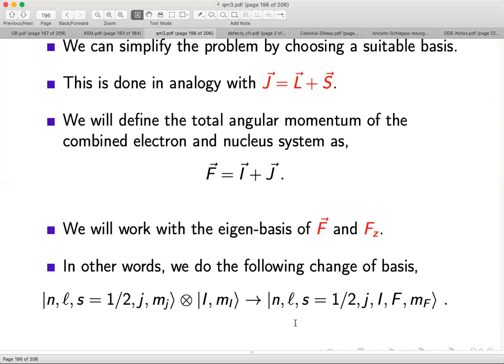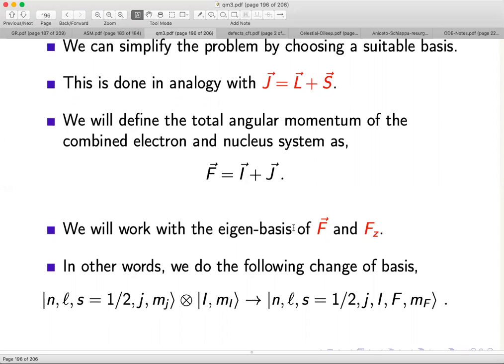So our states are written with respect to a huge number of quantum numbers, but effectively what we are going to work with is a basis which involves I, J, F, and MF, or we could work with I, J, MI, MJ. That is exactly the way we worked in the LS versus J basis.